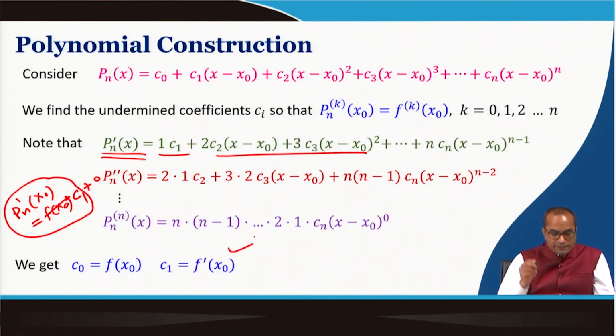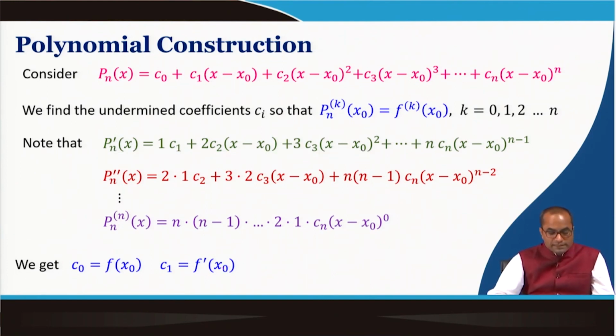So c1 will be f prime x naught, because we are setting p n first derivative at x naught equal to the first derivative of the function at x naught. So we get the c1 as well.